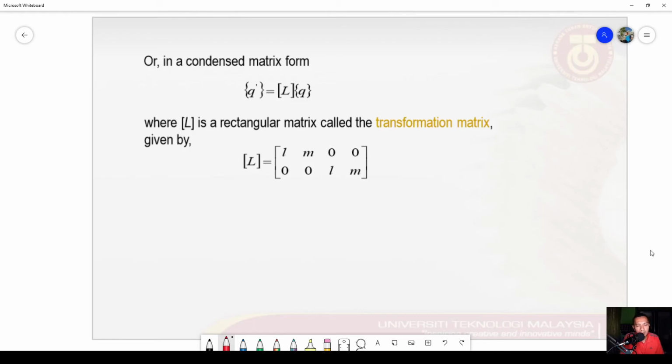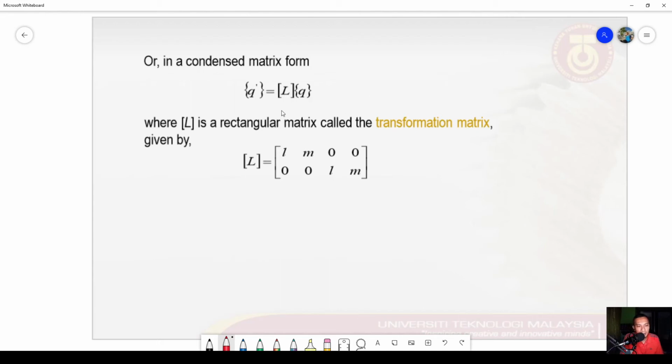So the relations of the displacements in the local and the global coordinate systems can further be simplified by introducing the matrix L here.